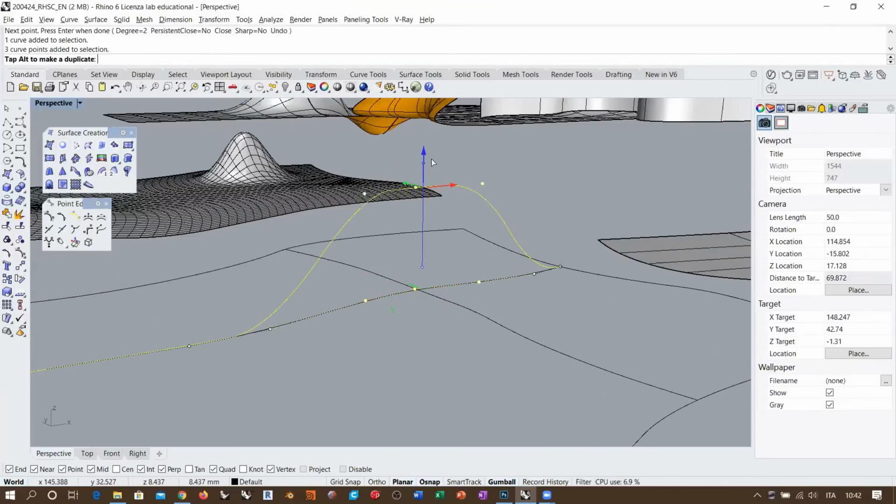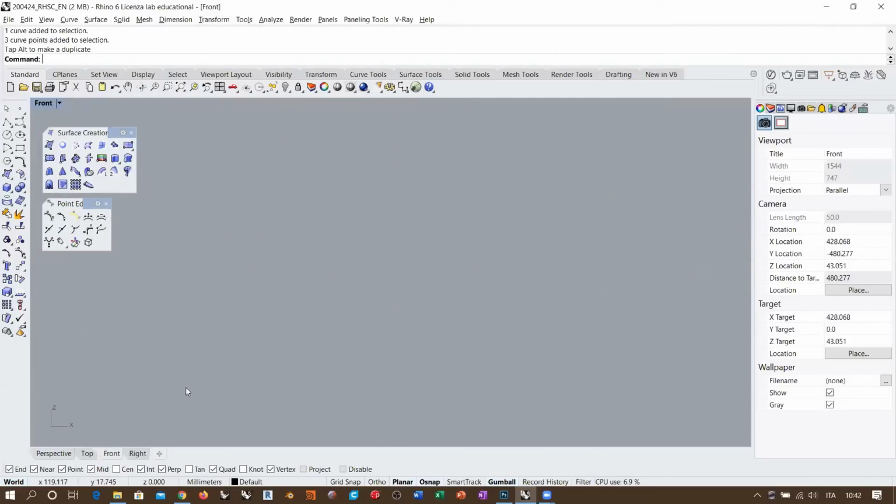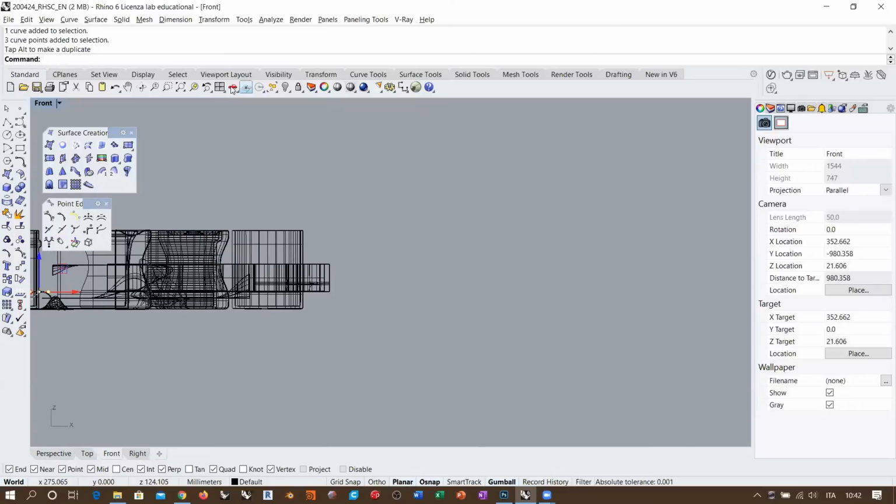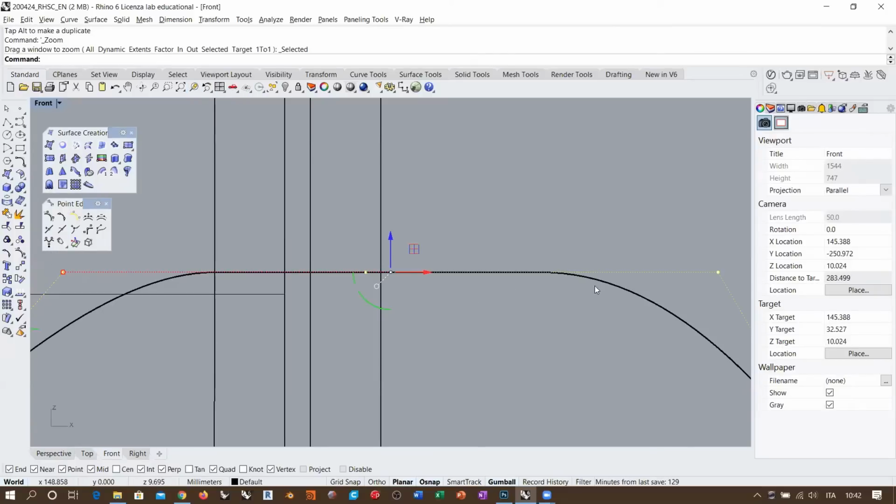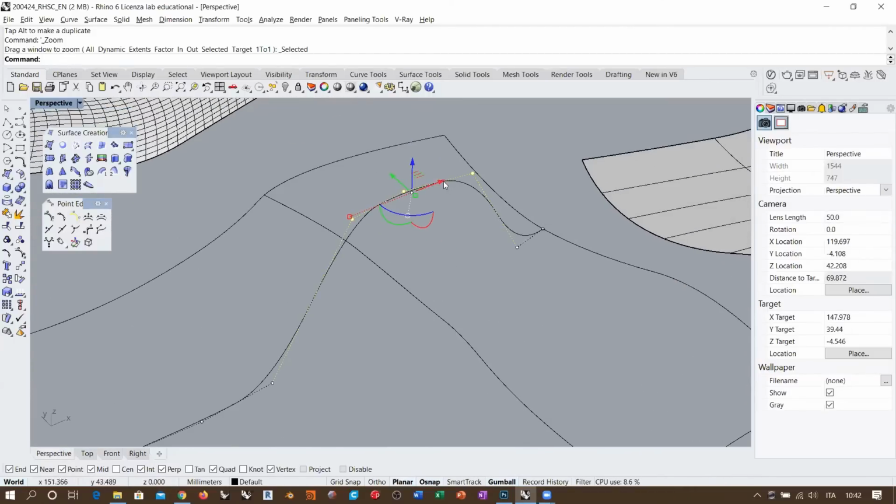So if I move them up and I go into the front viewport, I will see that my curve reaches that height, even if the 3 points are not aligned in the X and Y coordinates, they are aligned in the Z coordinate. But I don't want to do this, because as I need to intersect this line exactly in one point, I need this curve to pass precisely through the inner point.